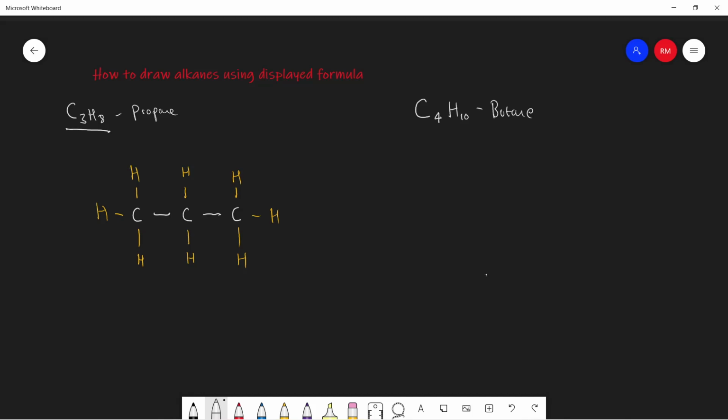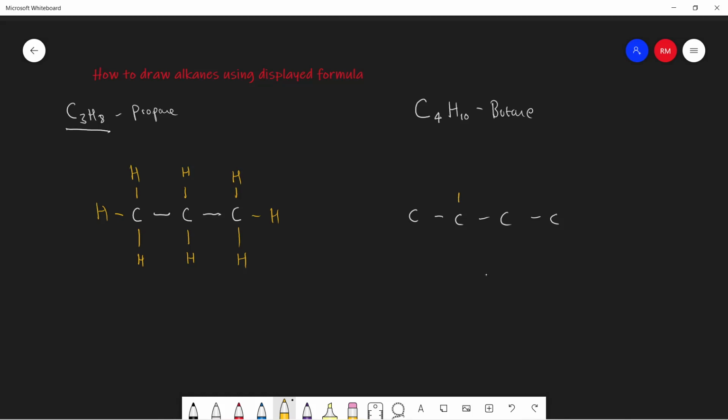Now, from the example that I've shown you, we should have been easily able to draw butane, from the fact that it's literally 1 more carbon and 2 more hydrogens. So, let's see how this is actually drawn. We first start off by drawing our carbons in the middle here. And you can do it either way. You can fill in the carbons on the sides or in the middle.